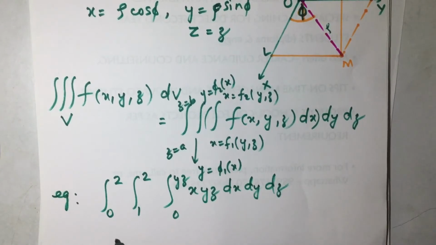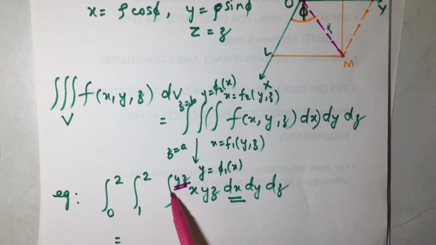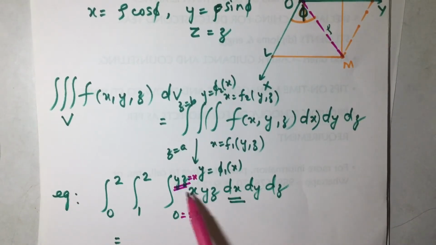Now here dx is given, and yz is in the limit. So you will integrate this with respect to x, because you cannot integrate with respect to y, since y is in a limit here, and you cannot integrate with respect to z because z is in a limit too. So here you will integrate with respect to x.